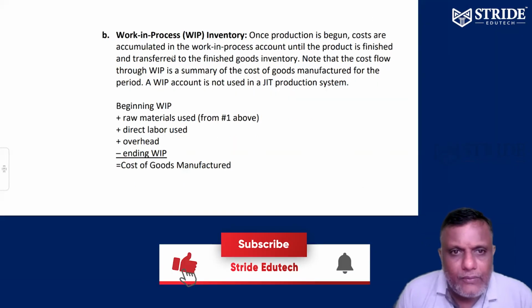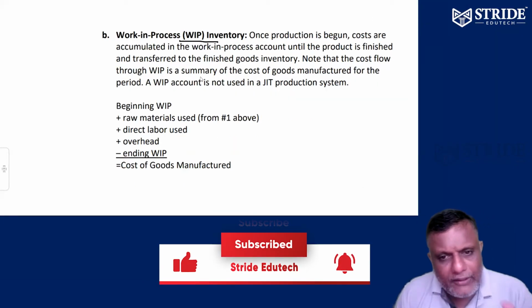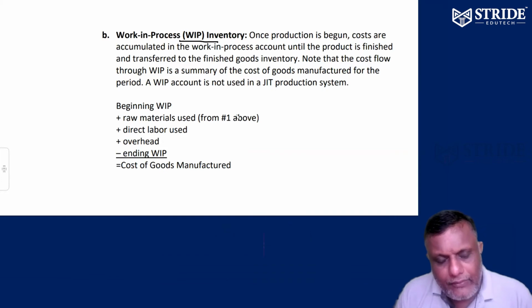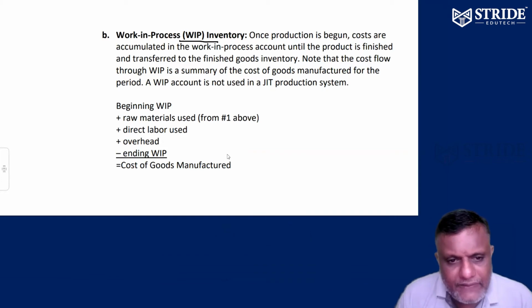So let's see my WIP control, I told you the part. So direct prime cost, factory overheads, gross factory cost, I told you, right? Work in progress. After gross factory cost, add opening work in progress, less closing work in progress, is equal to net factory cost.